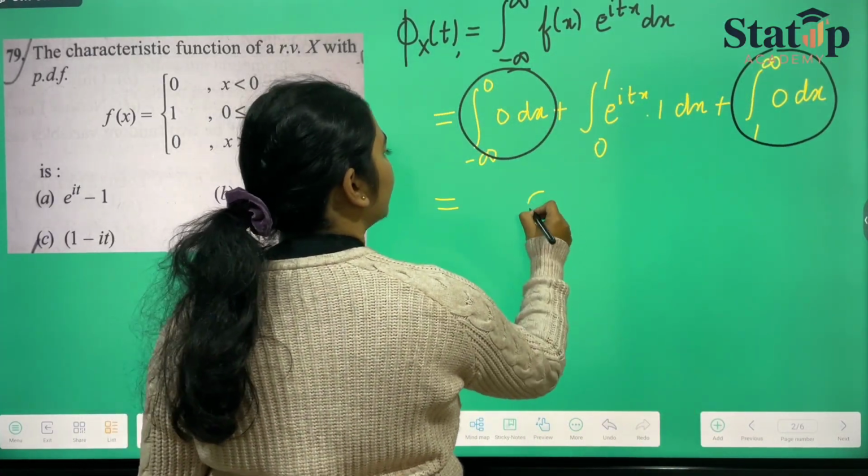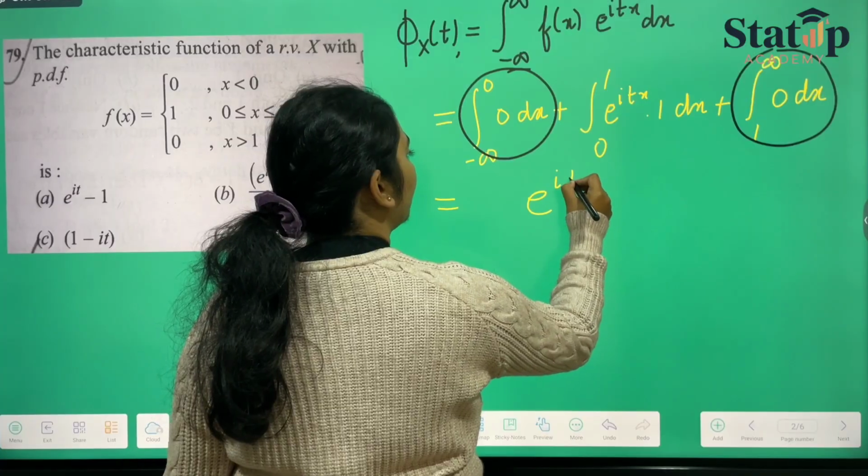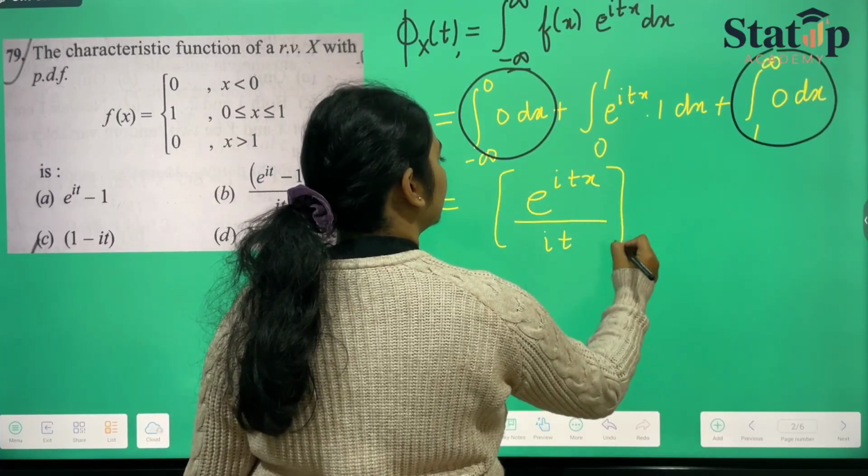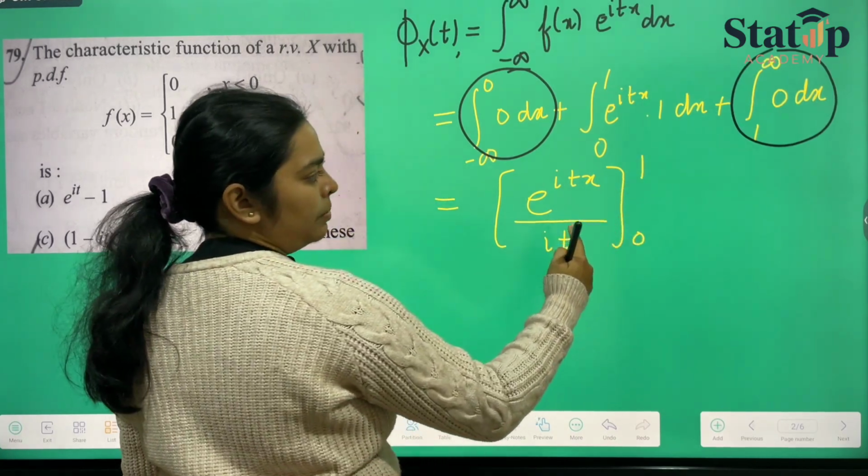So if we integrate e raised to the power itx, it will be e raised to the power itx upon it, with the limits 0 and 1 of x.